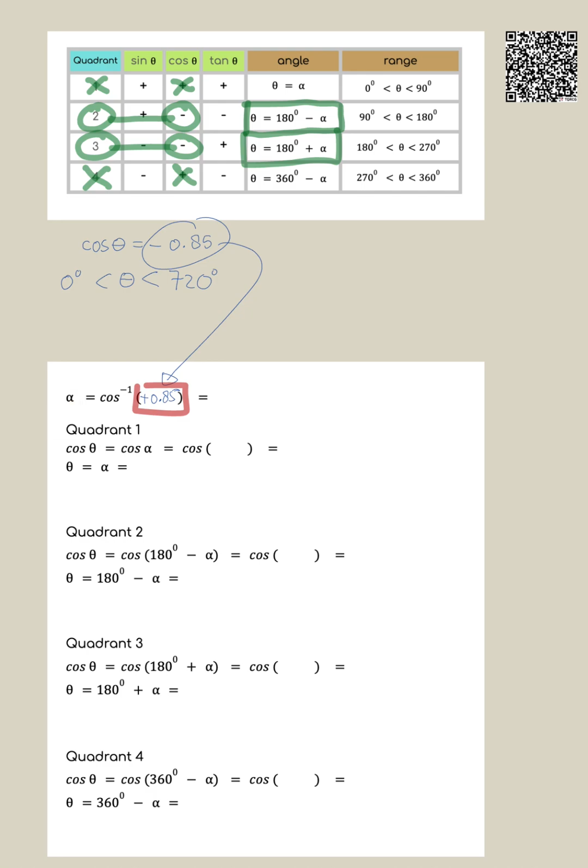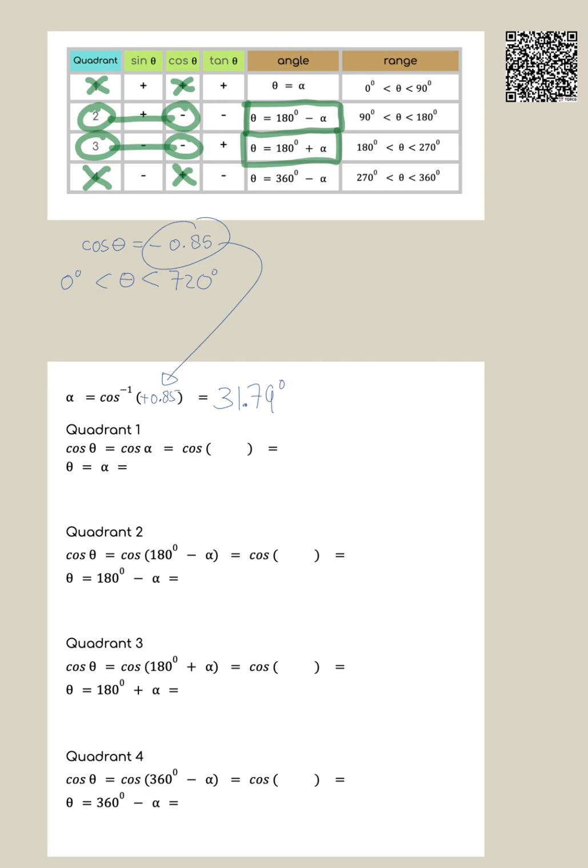The sine, cosine, or tangent value, you put the positive number if you want to find alpha. The reason? Because it must be between 0 to 90 degrees. We press the calculator, inverse cosine 0.85. That would be 31.79 degrees.